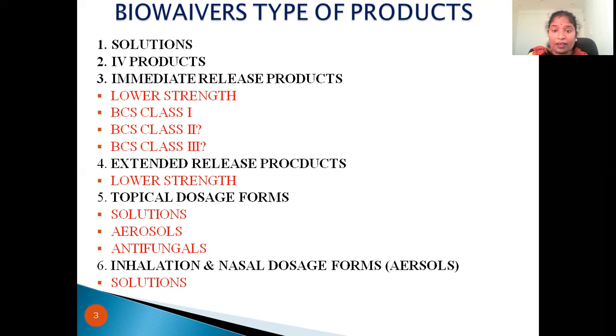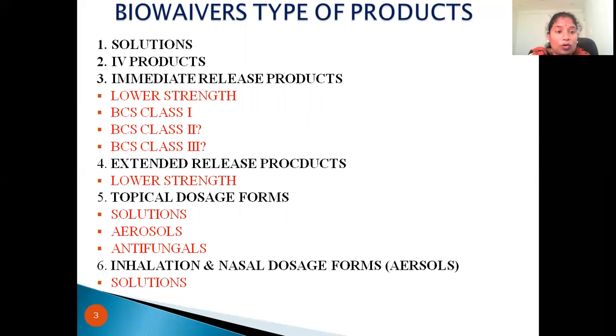That's why they are following the biowaiver procedures. The conclusions of comparative clinical studies, in vitro bioequivalence tests and biowaivers are based on statistical and scientific data assumed to represent the product at issue.